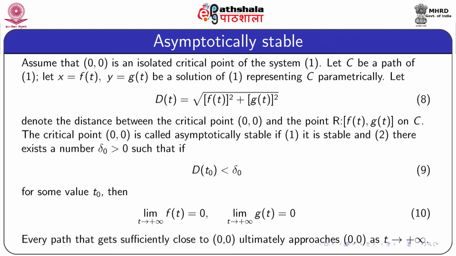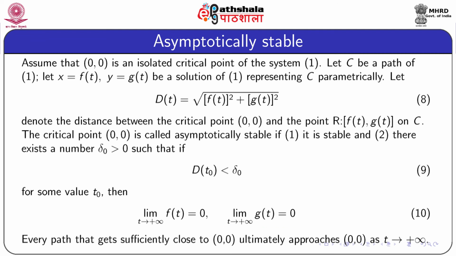Now, the critical point (0, 0) is called asymptotically stable if it is stable and if there exists a number delta0 such that if d(t0) is less than delta0 for some value t0, then the limit as t tends to plus infinity of f(t) is equal to 0 and the limit as t tends to plus infinity of g(t) is equal to 0.